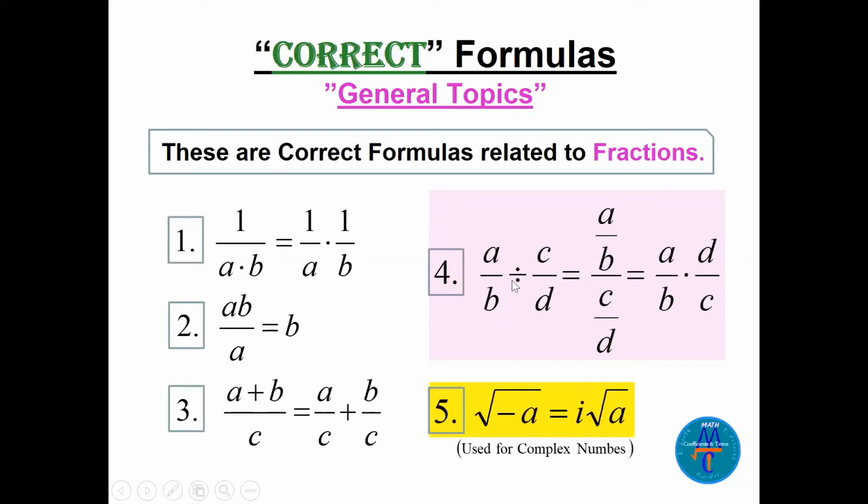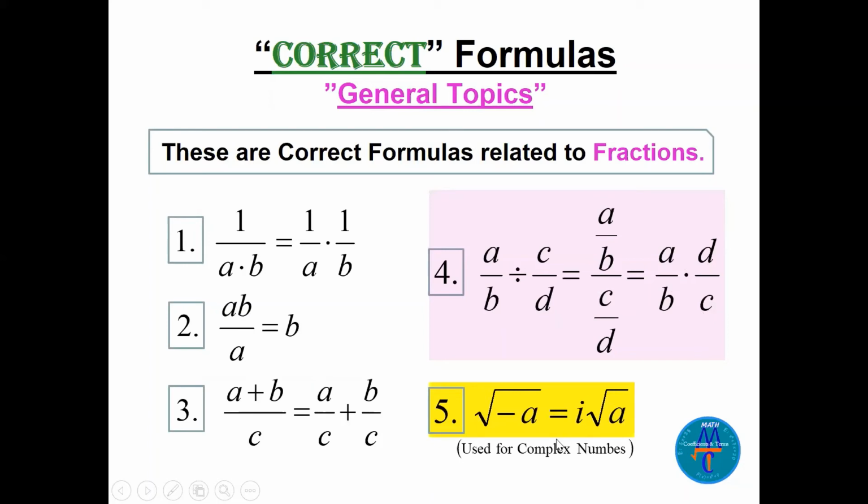Number 4, when you divide 2 fractions, remember, 2 fractions. Leave the first one, a over b, multiply by the reciprocal. You see here the reciprocal, c over d, the reciprocal will be d over c. Then you multiply ad, and down you multiply bc. This is the formula in the yellow part here.